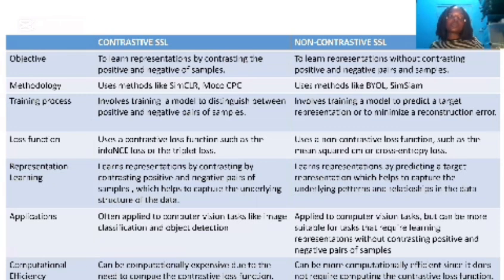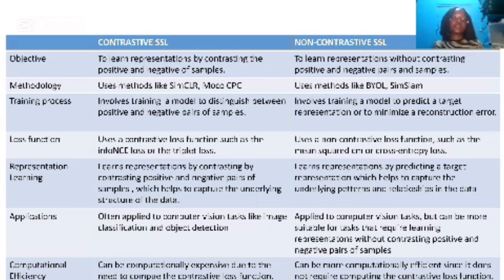involves training a model to predict a target representation or to minimize a reconstruction error. Then also loss function, contrastive, like we said, uses a contrastive loss function, for example the InfoNCE loss or the triplet loss. While non-contrastive SSL uses a non-contrastive loss function such as the mean squared error or cross entropy loss.